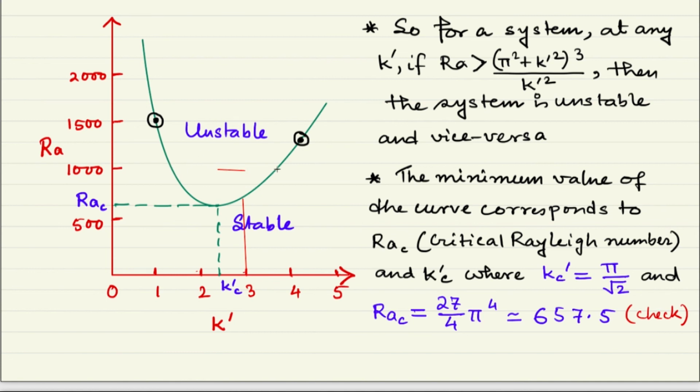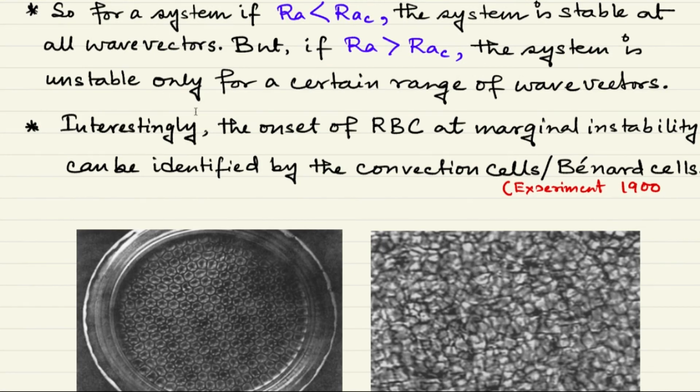And again when it leaves this region at another normalized wave number k prime, the system becomes stable. So stable, unstable, stable. On the other way, if you want to increase the length scale, that means decrease the wave vector, the same thing. First you have a stable region, then an unstable region, then a stable region. The system is unstable only for a certain range of wave vectors. This is very crucial to understand.